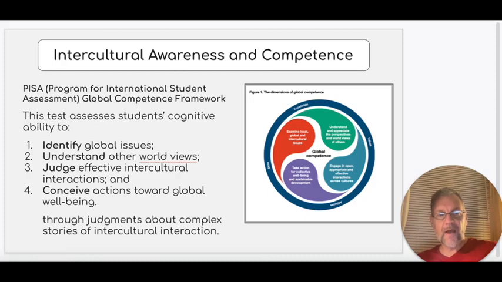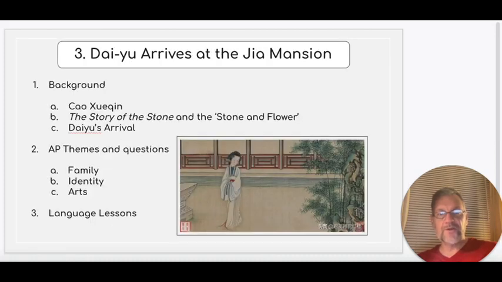So now let's turn back to Dai-yu as she arrives among the Jia. As you probably know, this episode takes up most of the third chapter in Dream of the Red Chamber. In my course on this novel, students would already have read the first two chapters, partly just to know the backstory to Dai-yu's arrival among the Jia.